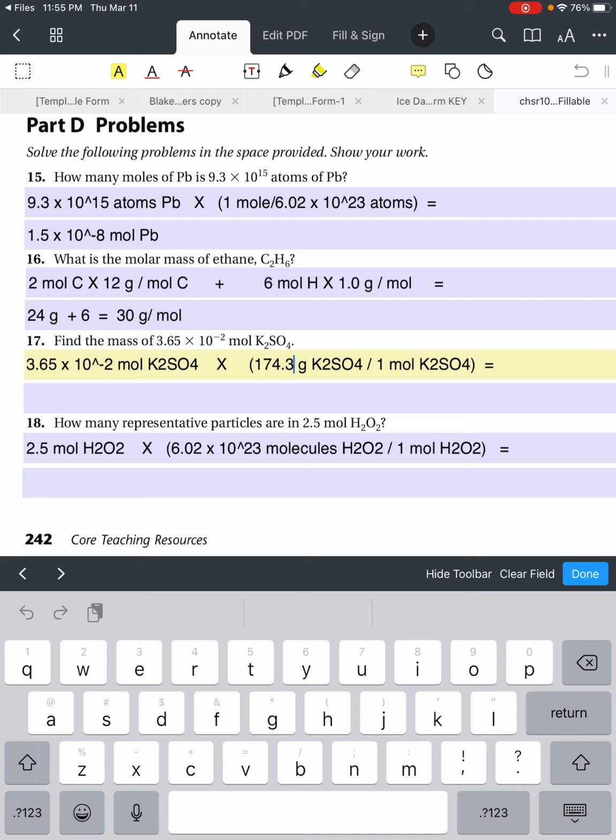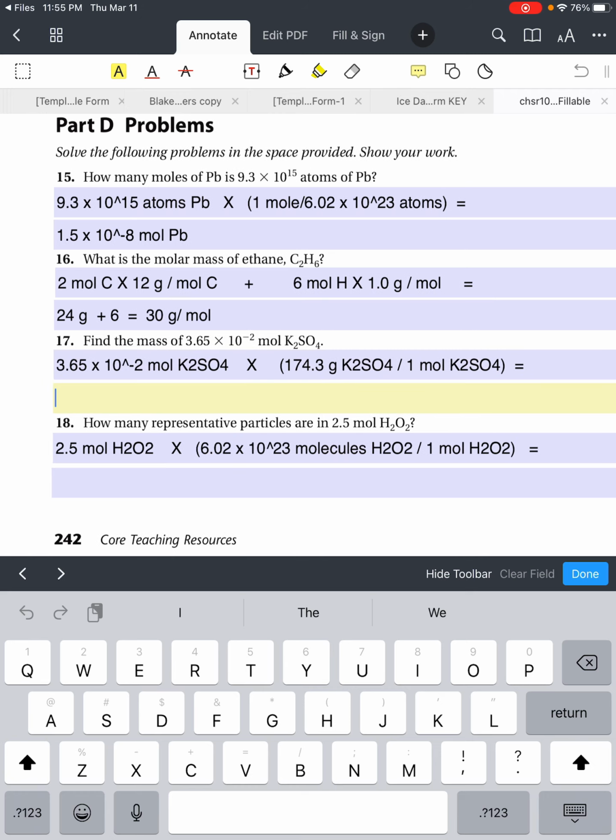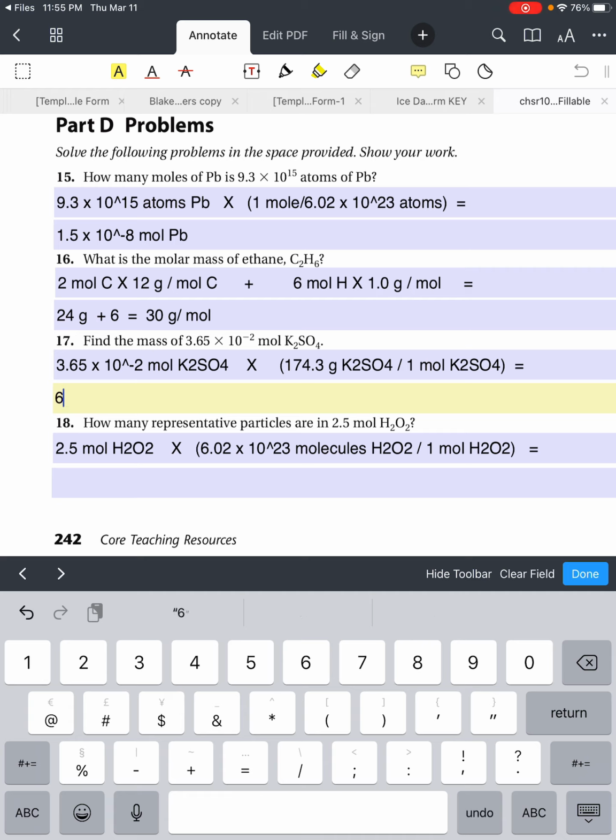But in the end, what we get is a value that is, I'm doing the calculations, 636 times 10 to the minus 2. That's not proper scientific notation. It's 6.36. And that's just it. It's times 1, or 10 to the 0, which is 1.